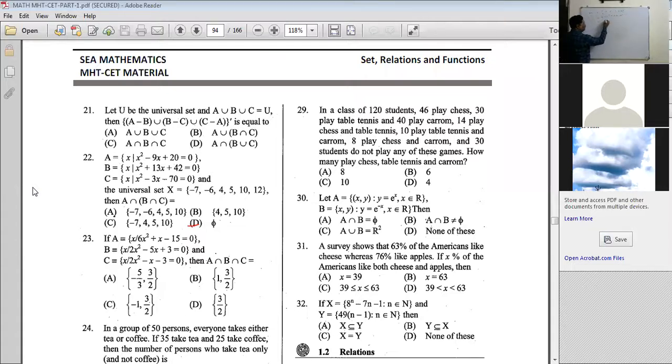B is the set of values of x such that x squared minus 13x plus 42 is equal to 0. C is the set of x such that x squared minus 3x minus 70 is equal to 0. Then we have to find A intersection B intersection C.